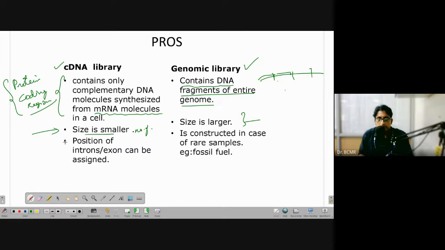The second thing is, in the genomic library, the genes also have introns. Those intron sequences can also come up in the genomic library, whereas in the case of a cDNA library, they will be lost. It's an advantage in one way that we can clone a complete protein.